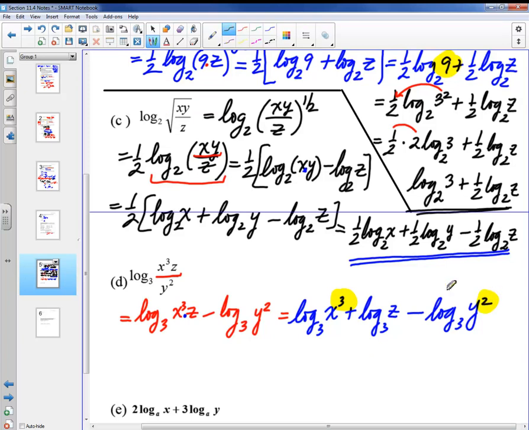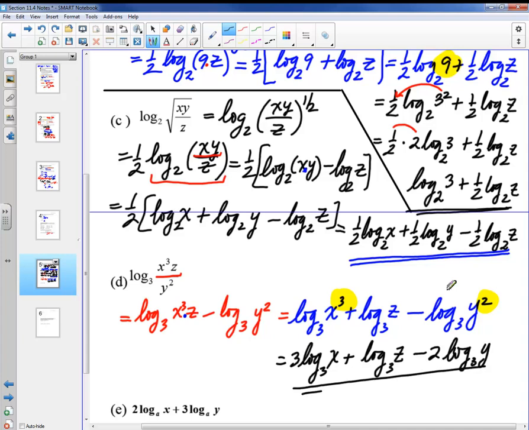So you have a 3 log base 3 of x plus log base 3 of z minus 2 log base 3 of y. And that would be your final answer.